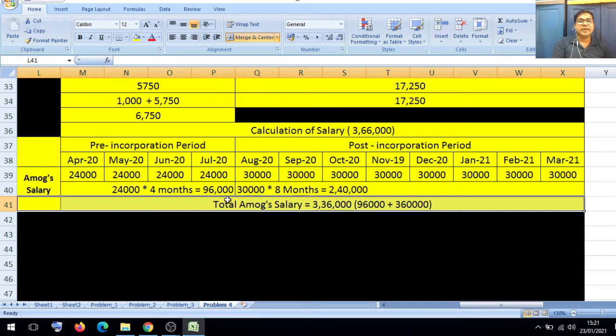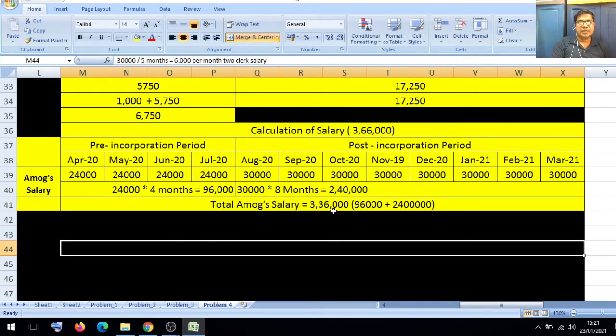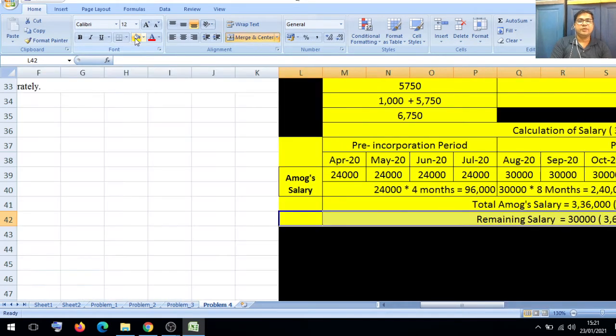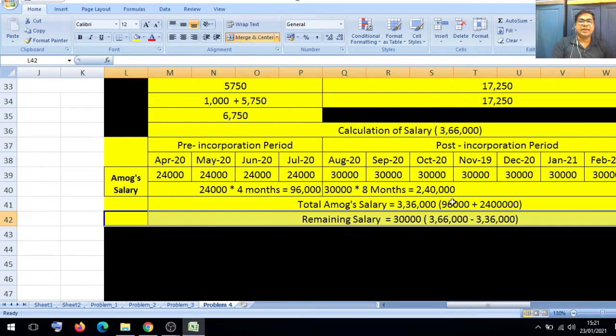Total Among salary is 96,000 plus 2,40,000, which means Among received 3,36,000. Now we have to find the remaining salary, which is total salary minus Among salary: total salary 3,66,000 minus Among salary 3,36,000.